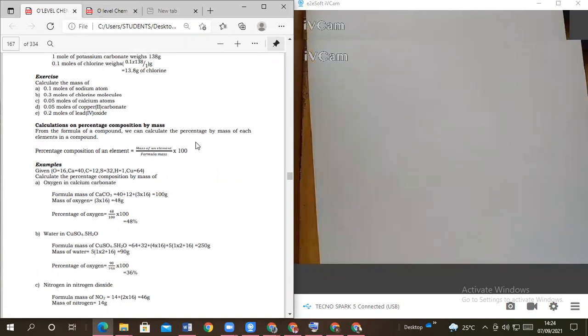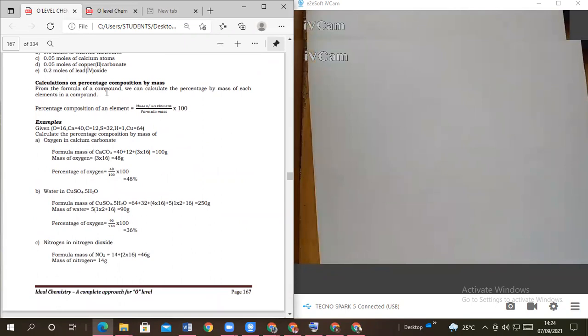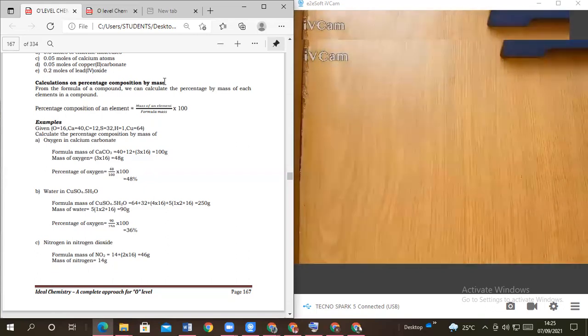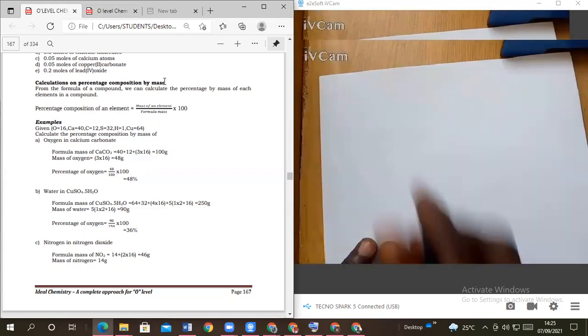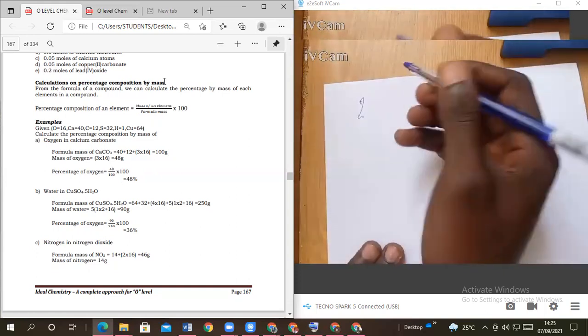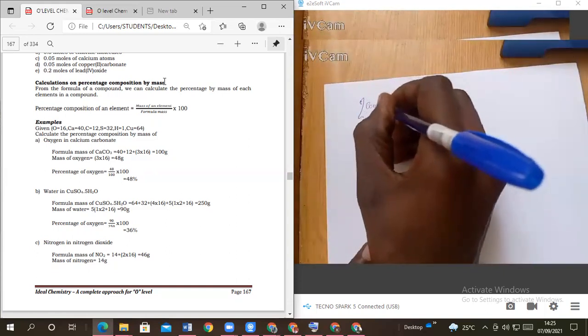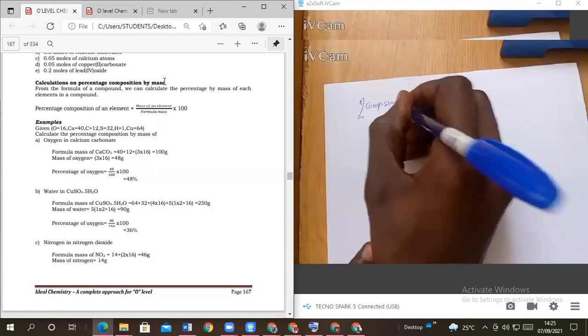I just want to make a recap of what was there as we go for the next discussion. Calculations on percentage composition by mass. In short, you shall write percentage composition by mass.